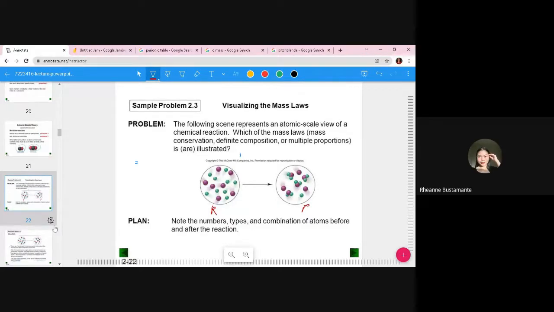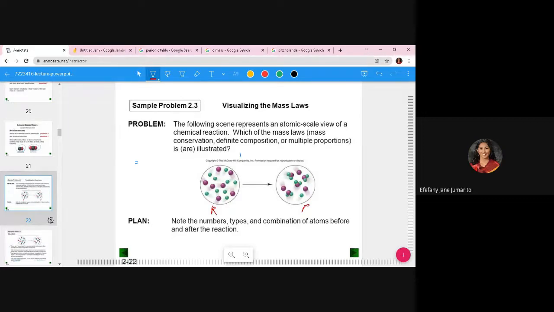The law of definite composition applied in this figure is that the different elements combine, or I mean elements form more than one compound, in different compounds, ma'am. So the element is also fixed with different masses, and that's all, ma'am.